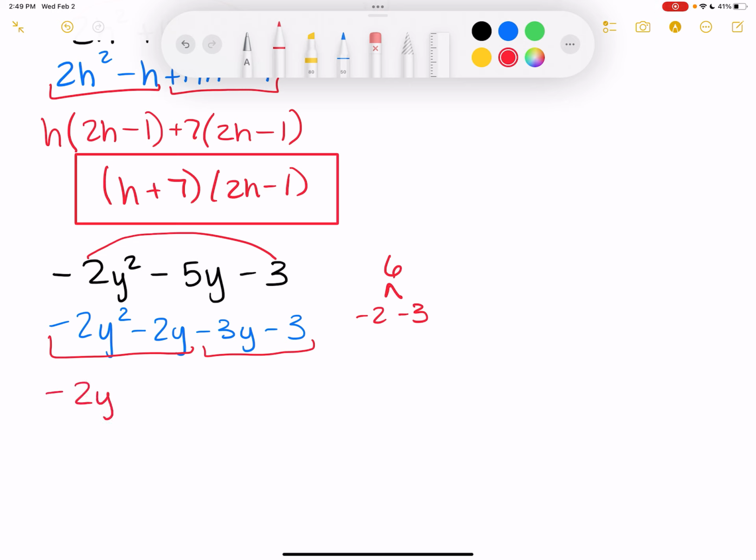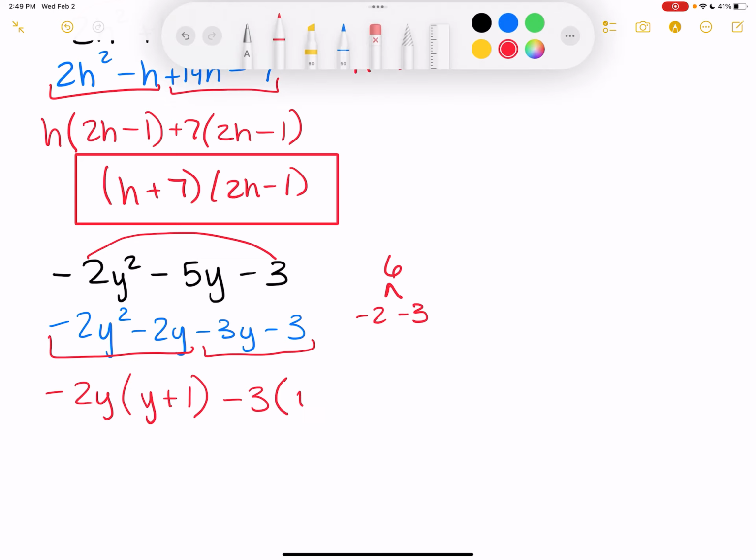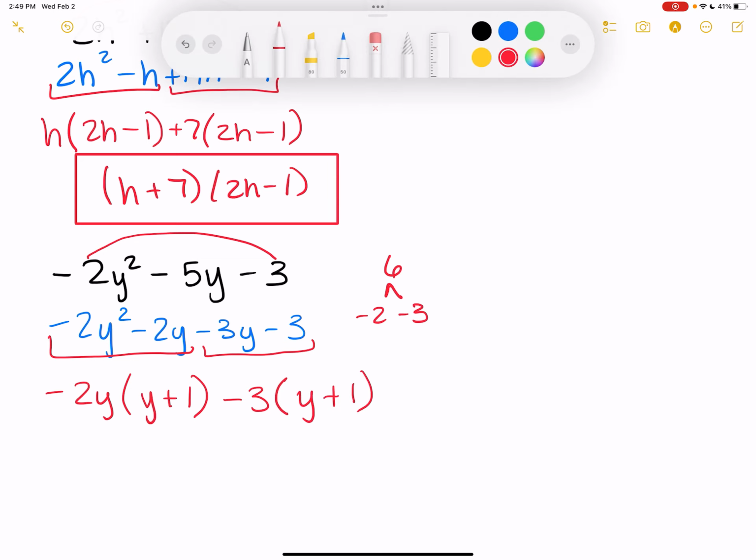Negative 2y, leaving me with y and 1. Because we're taking out a negative 2y, that'll all go away, leaving you with 1. What am I taking out of this one? Negative 3, leaving you with y plus 1. So then I've got negative 2y minus 3, and y plus 1.